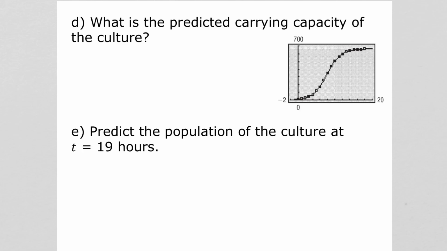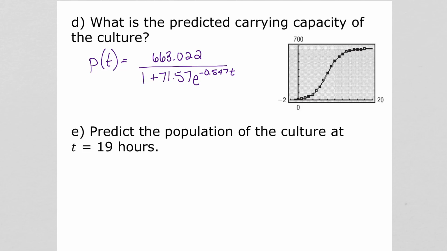It says, what is the predicted carrying capacity of the culture? Well, remember the carrying capacity is on top. So it's approximately 663 yeast biomass. So all that will fit in this dish or whatever is 663 of these yeasts. And then predict the population of the culture at 19 hours.